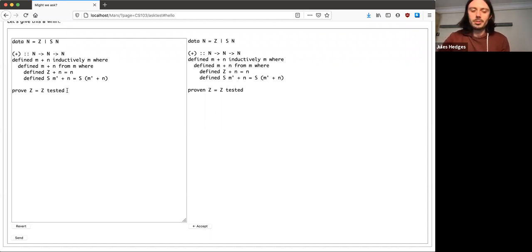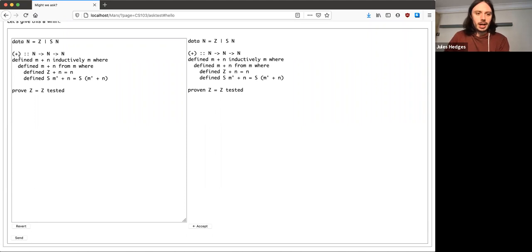So what happens when I send this line to Ask is that it tries to simplify both sides of the equation. And in general, simplifying one side of an equation will involve running programs. So in this case, there's nothing to do because z is already fully simplified. So this might look like a massive disappointment, but let's try to upgrade one step higher.